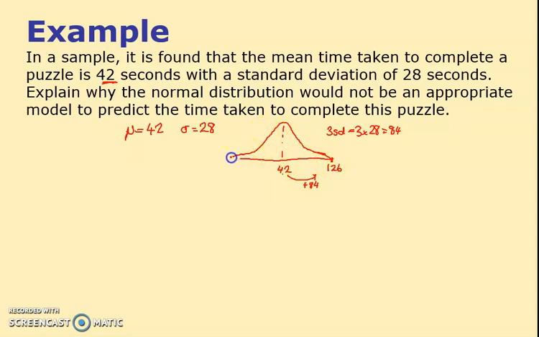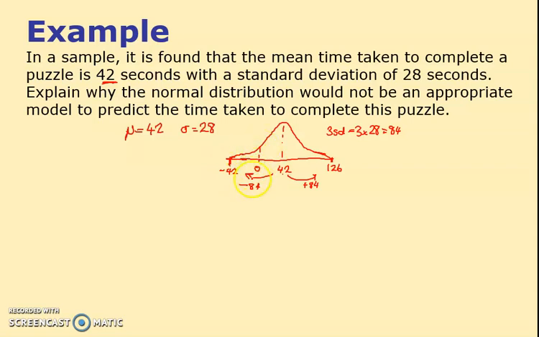But if you go down to the other end and say, when do they all finish? Well, 42, if I take away 84, I get minus 42. Fluke of the numbers, I suppose, but minus 42. And look, it's impossible to do the puzzle in minus 42 seconds. You know, 0 is obviously around here somewhere.